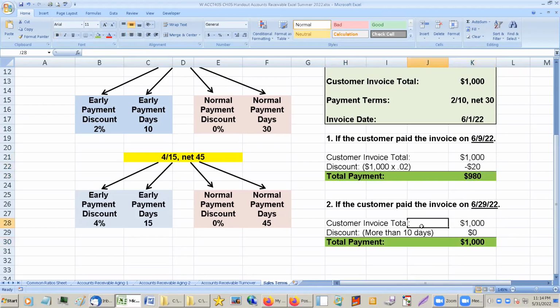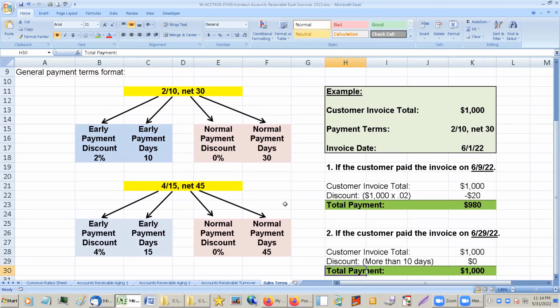If they don't pay it off, so obviously 6/29 is more than 10 days from that, that's why that one. Okay. That is it for chapter 5, accounts receivable, and I will see you next chapter.